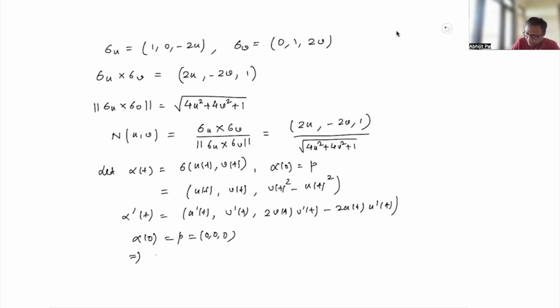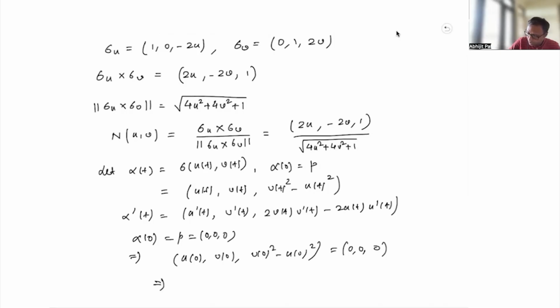So (u(0), v(0), v(0) square minus u(0) square) will be equal to the origin.